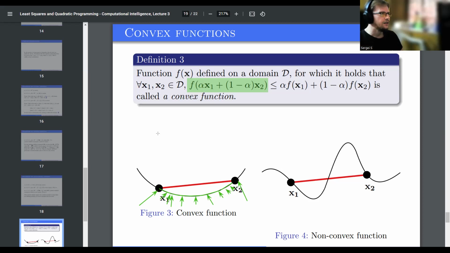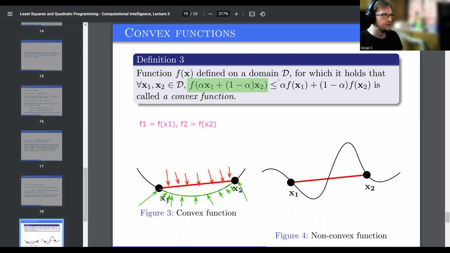Now, red, on the other hand, is a convex combination of the outputs. If we decide to call, let's say, f1 equal to f of x1, and f2 equal to f of x2, then red will be the convex combination of f1 and f2.